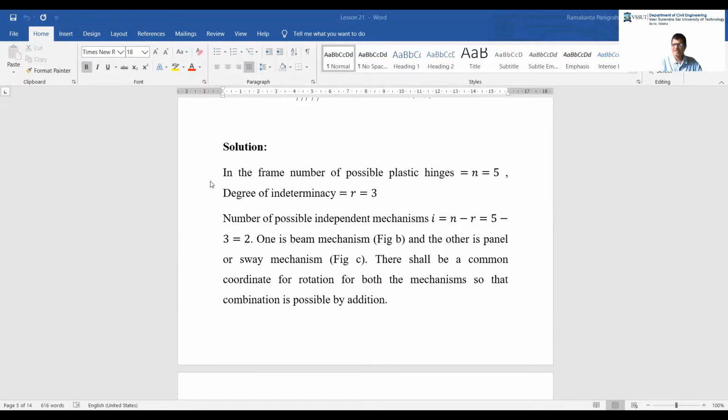And as we are discussing in every problem on frames, there shall be a common coordinate for both the mechanisms, so that the combination is possible, to add the beam mechanism with the column sway mechanism.